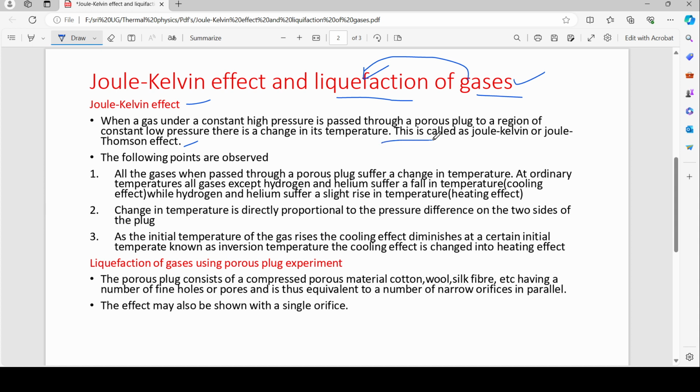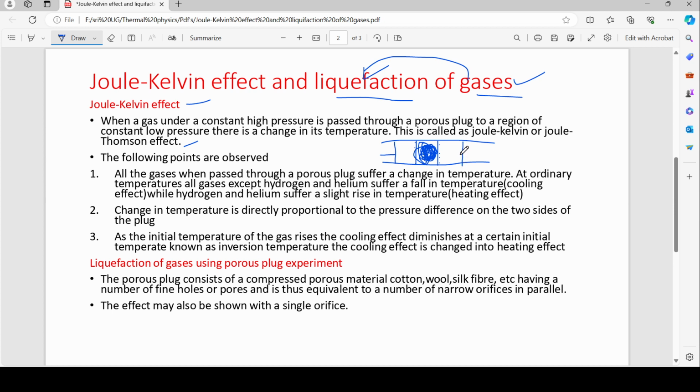Suppose the device is like this. Here I kept two pieces of metal, and I made small holes in these metal pieces. Let it be filled with cotton or silk or any other material, and let there be one piston on this side and another piston on this side.